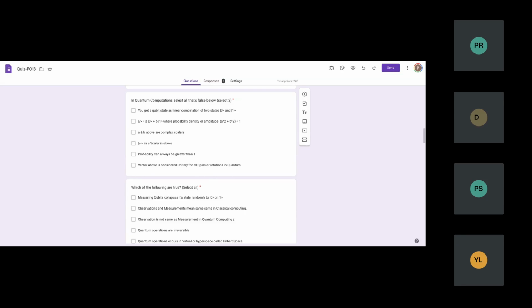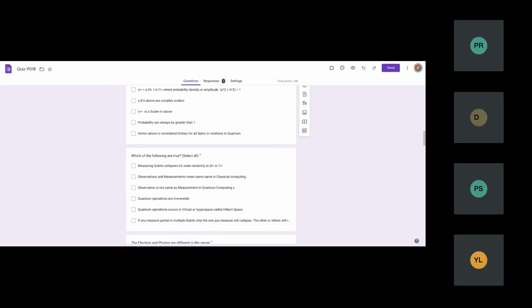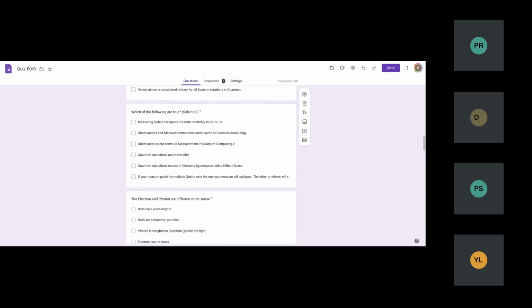Good, that clears the doubt on that. Let's go to which of the following are true. Select all. Measuring a qubit collapses its state randomly to 0 or 1. True. Observation and measurement are the same in classical computing. True.